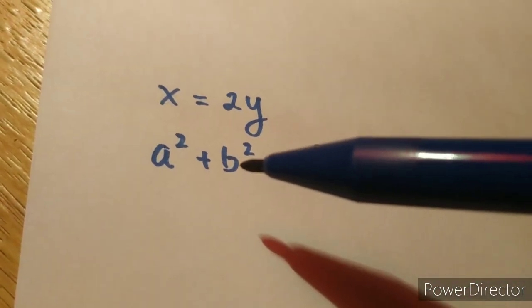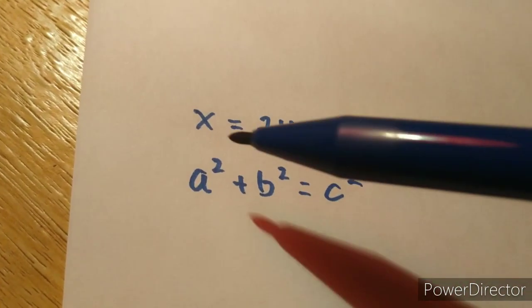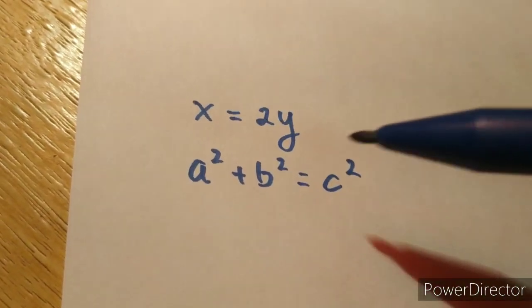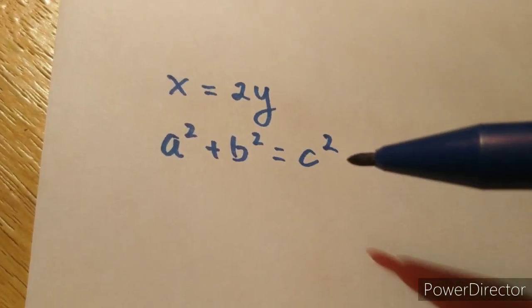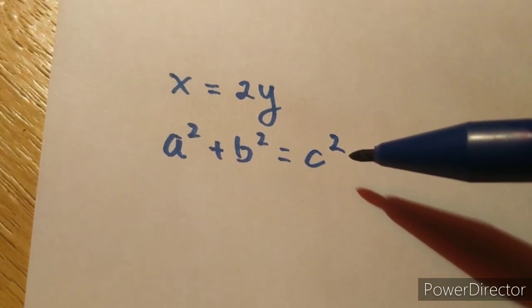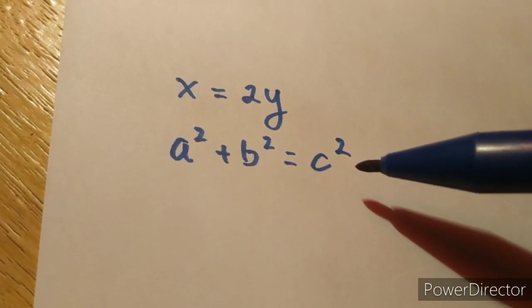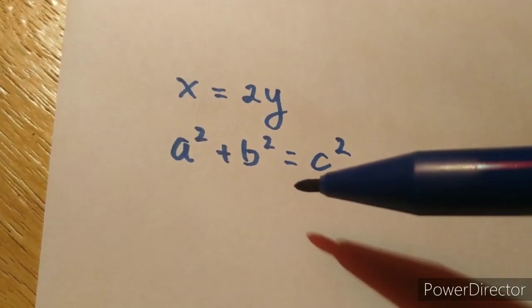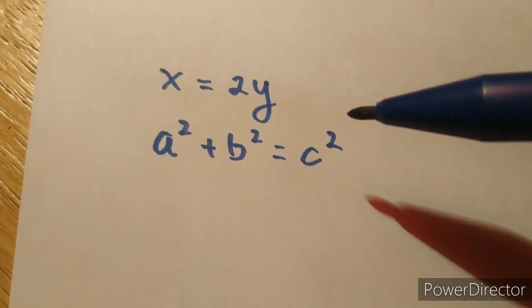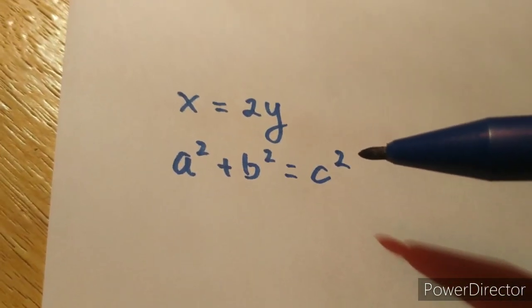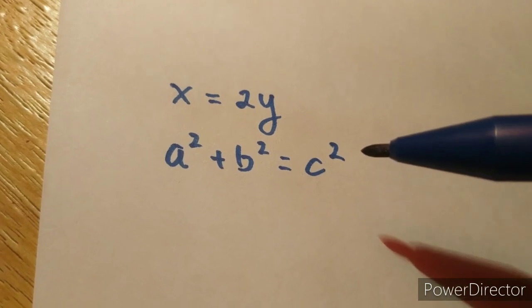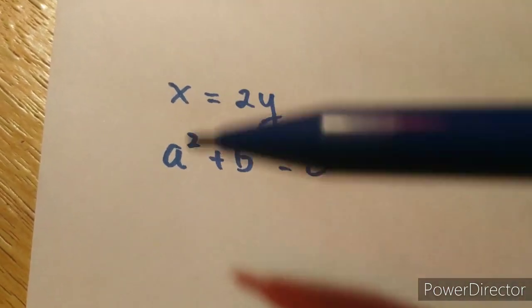This is a simple relation between 2 variables, x and y. The second example is another relation between 3 variables, a, b, and c. So it is common to present a relation as an equation.